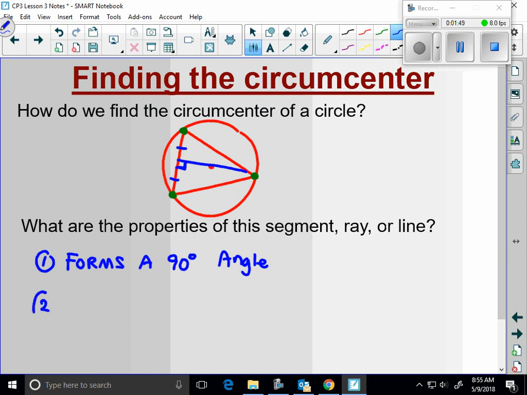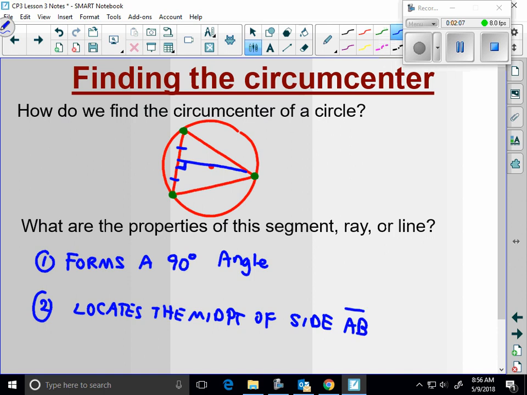And the second thing it does is it locates the midpoint of, let's call this side AB. All right, so if this point right here were A and this point right here were B, the point where this crosses right there is the midpoint.